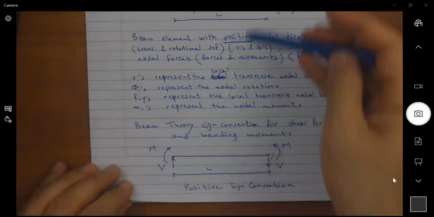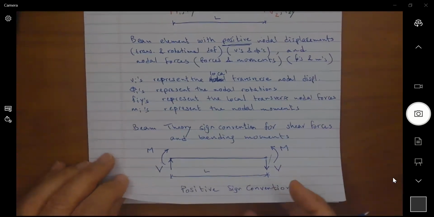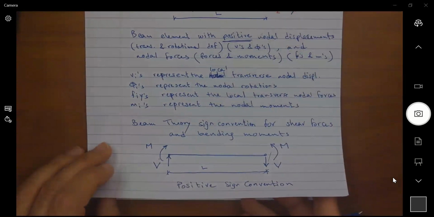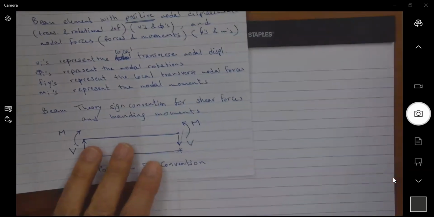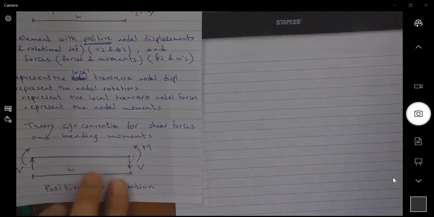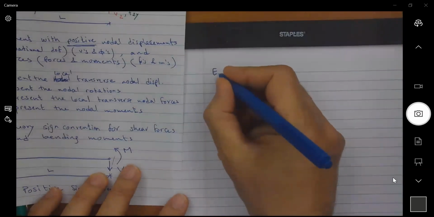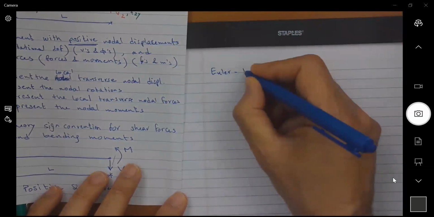So we're going to remember this. We are going to look at the Euler-Bernoulli beam theory.